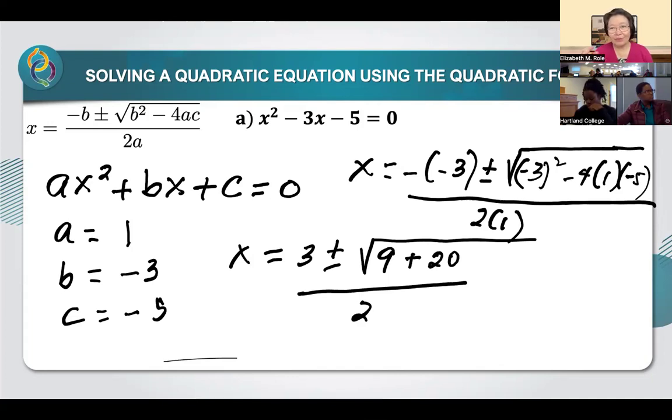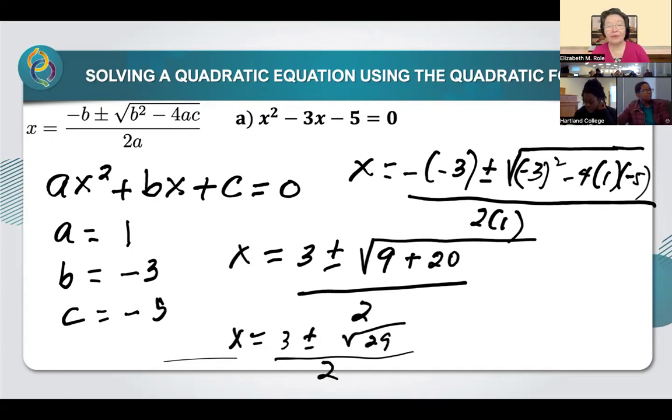So we'll now have x is equal to 3 plus or minus the square root of 29 all over 2. That will now be your final answer, unless this is a real world problem where you have to extract the square root of 29.